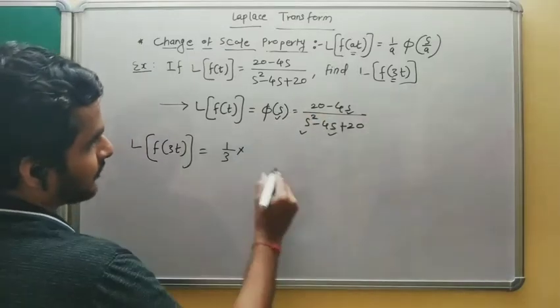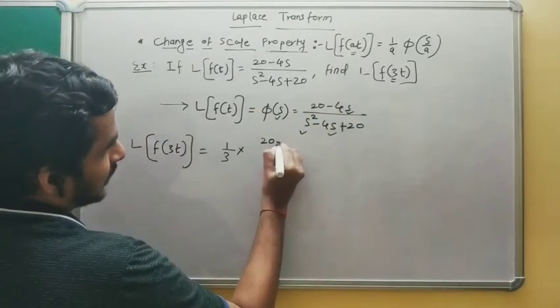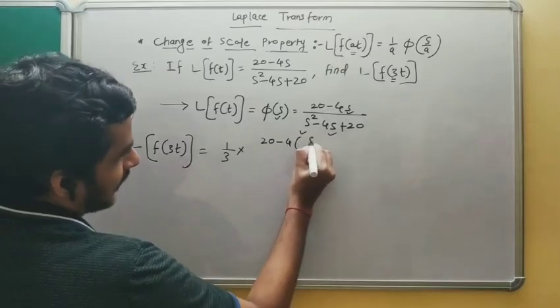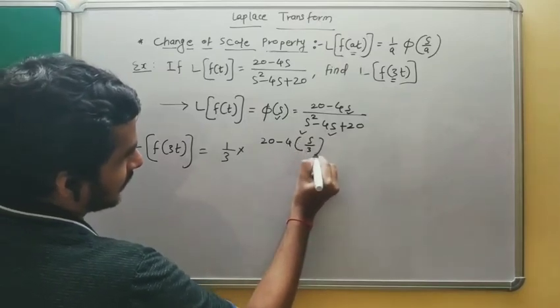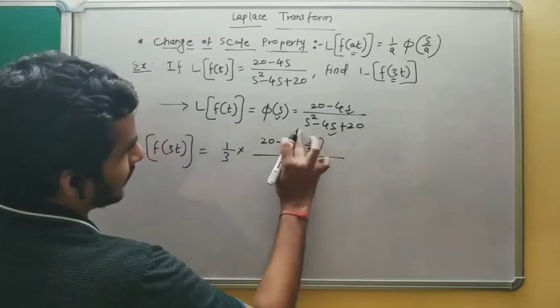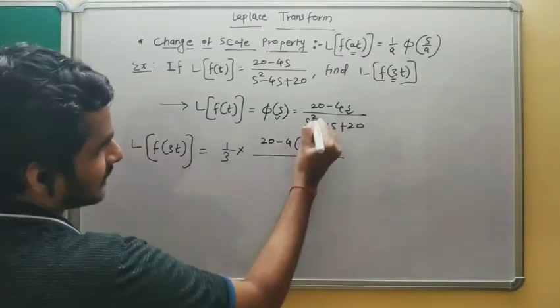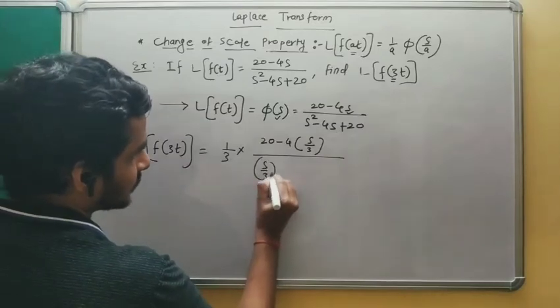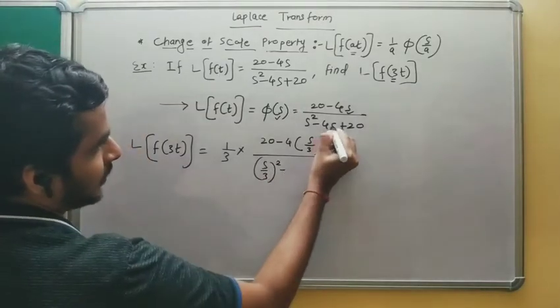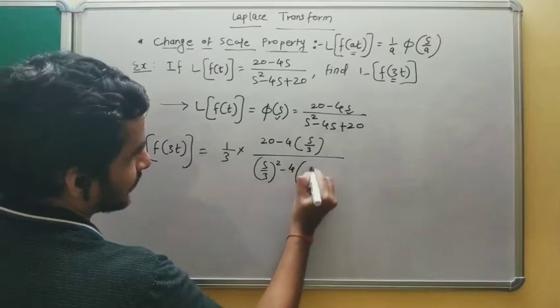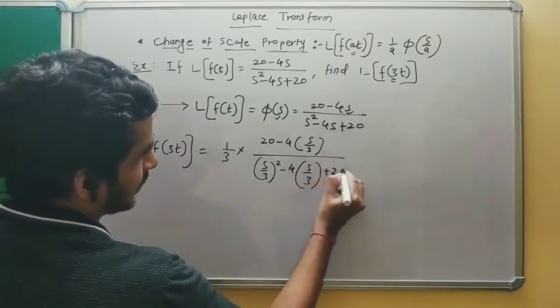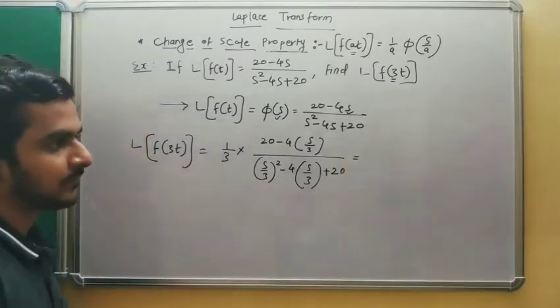So this will become 20 minus 4 into s upon 3, upon s upon 3 whole square minus 4 into s upon 3 plus 20.